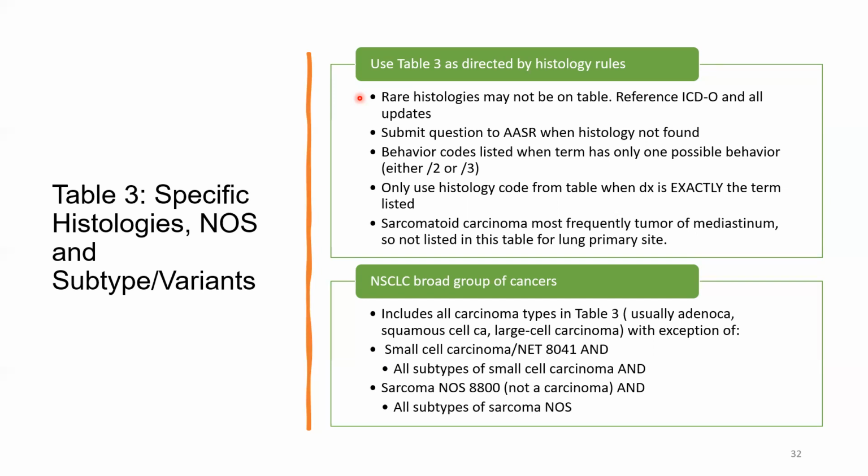The non-small cell lung cancers are that broad group of cancers. They are included in table 3. They are the adenocarcinoma, squamous, large cell carcinomas. So all of those are in table 3, and they do not include small cell or sarcoma.